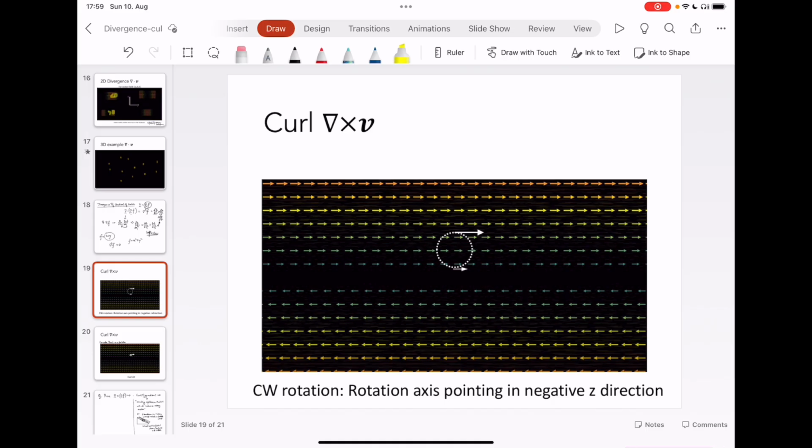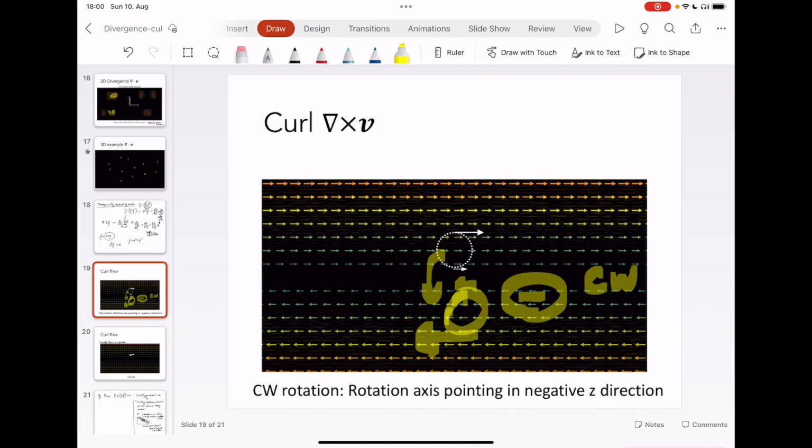If you were to displace this below and place this ring here, it would rotate in the opposite way because the velocity here is high and there it's low. So here it would point in the negative direction, downward. Okay, so in both cases it would be negative. In both cases, the circulation would be clockwise.